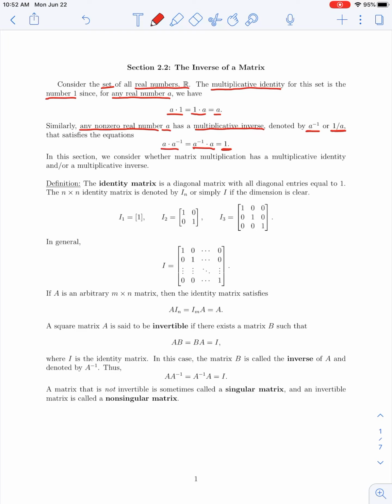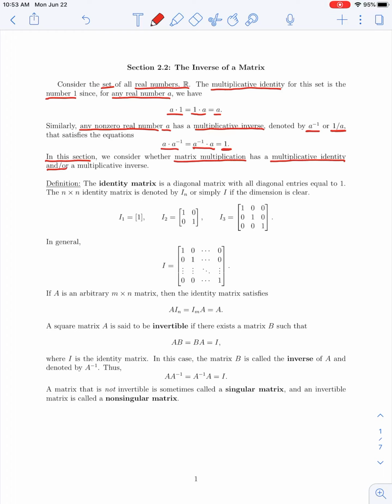So what we're going to be considering in this section is whether or not, if we consider the set of all matrices that have real entries, does matrix multiplication have a multiplicative identity? Is there some matrix that acts like the number 1, where if I multiply any matrix by that matrix, I get back the same thing?